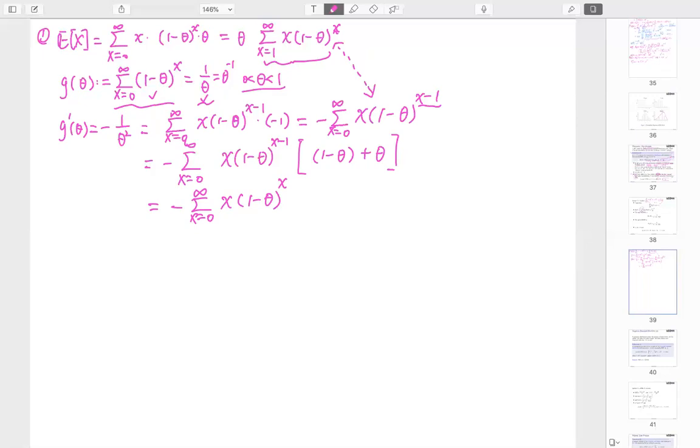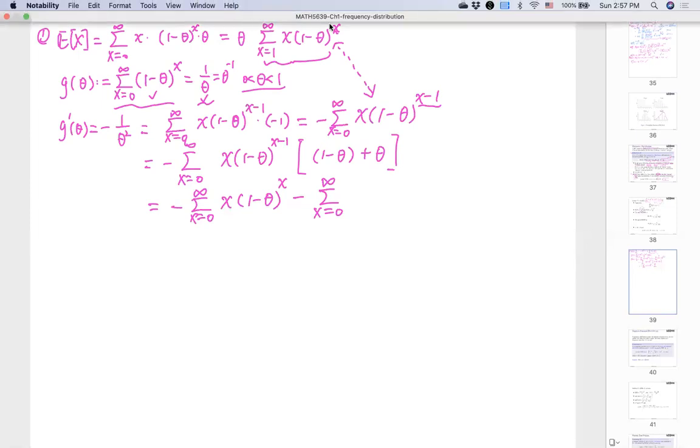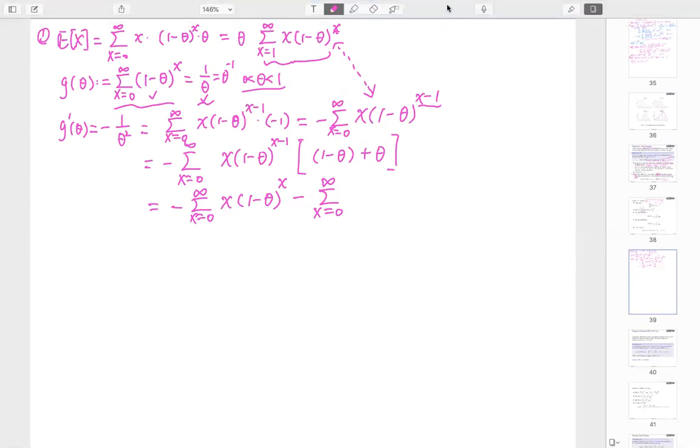The remaining part will be from 0 to infinity, x times theta, (1 minus theta) to the x minus 1.